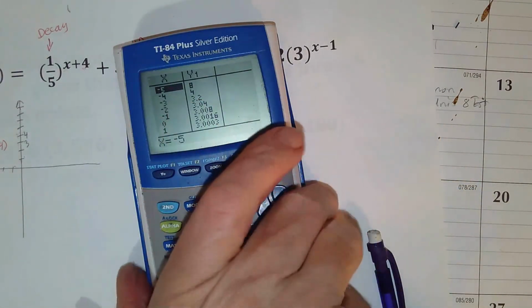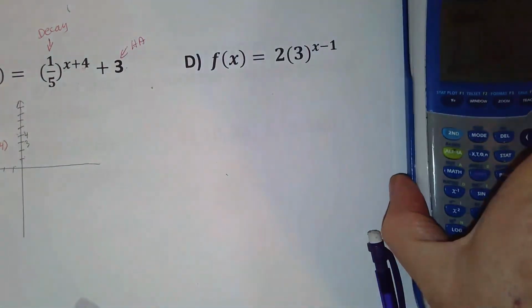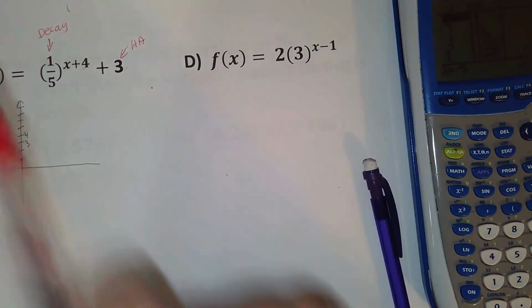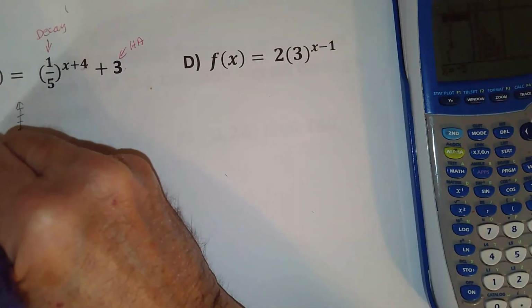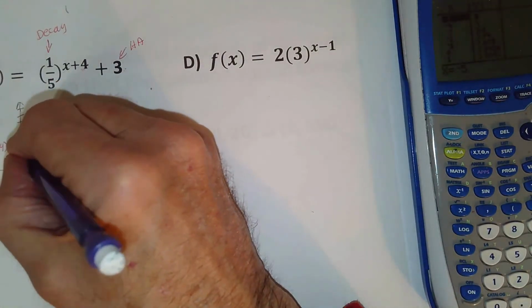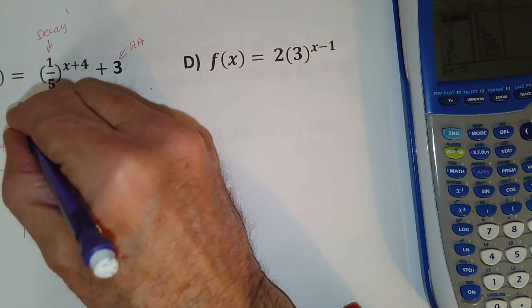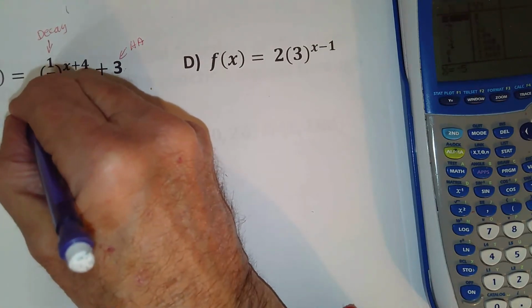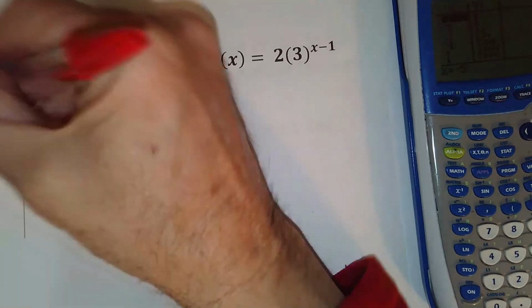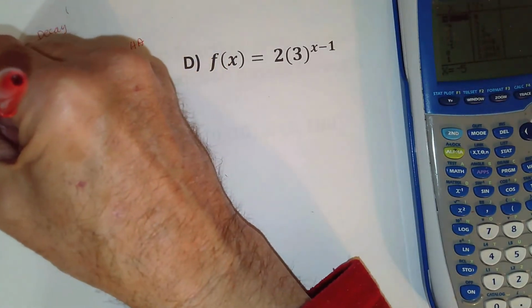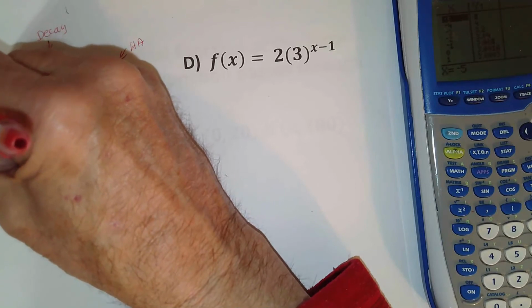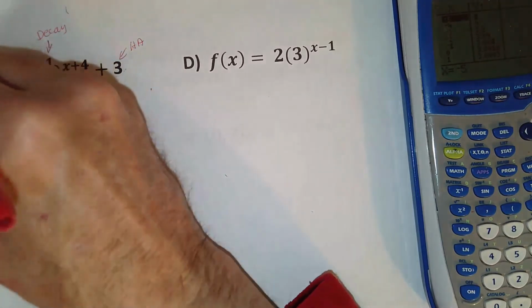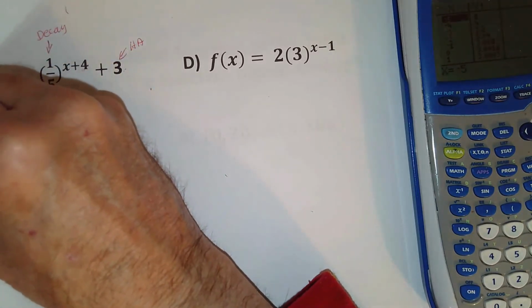So I popped up to x is -5, got y is +8. So -5, and then 1, 2, 3, 4, 5, 6, 7, 8. Here's 8. So it's somewheres over here, roughly. Okay, so -5 and 8.